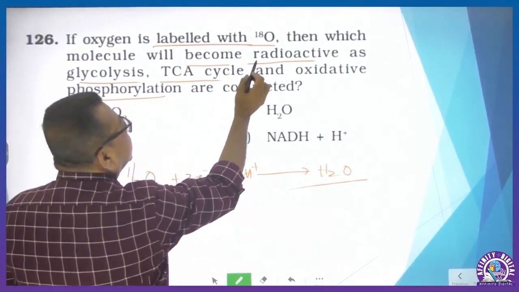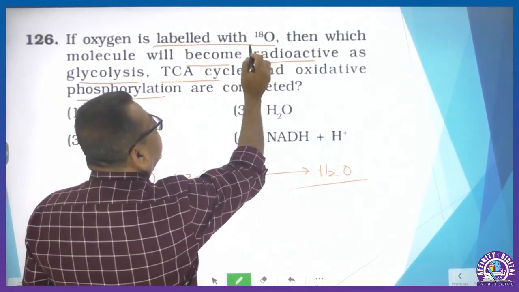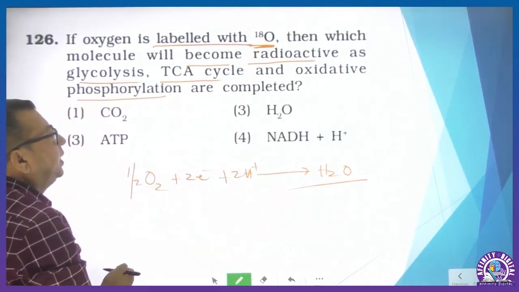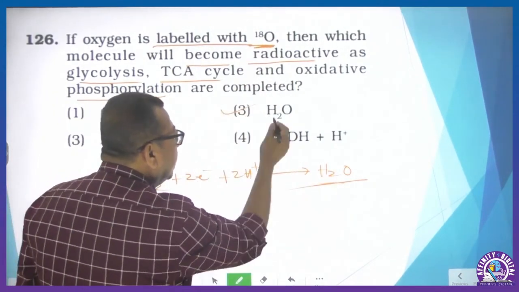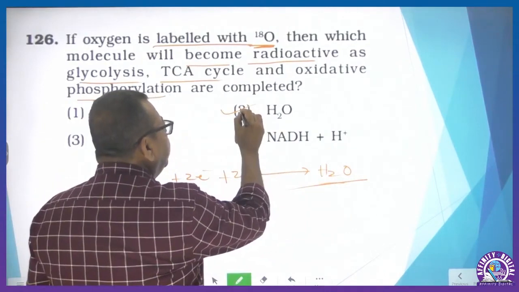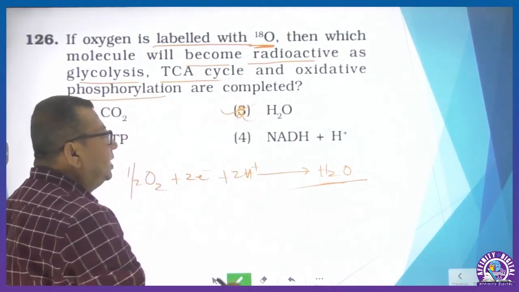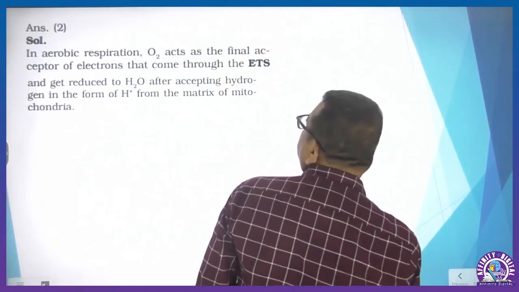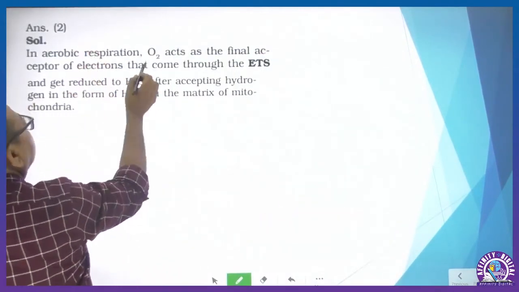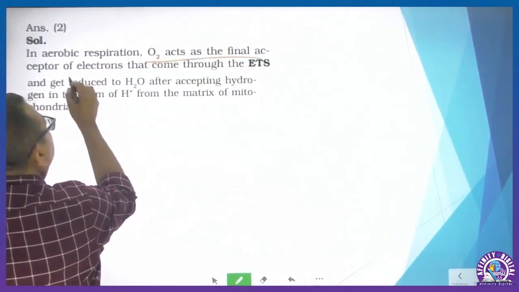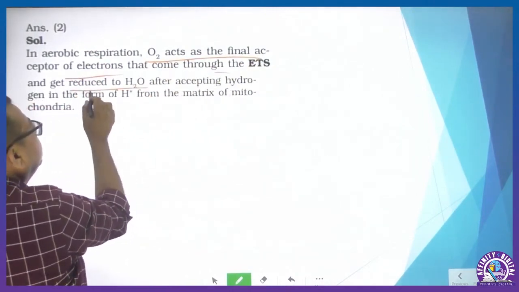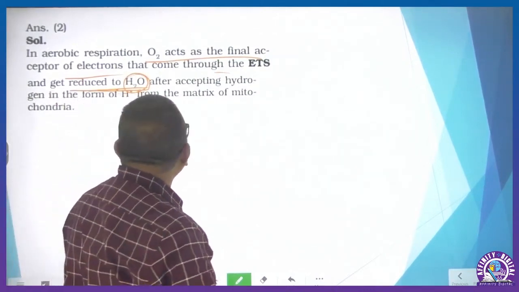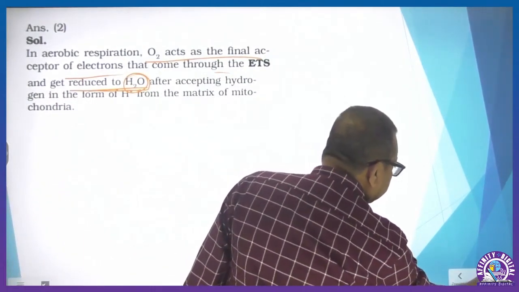So if this oxygen is radioactive O18, then which molecule will be radioactive? Water. So this should be option number 2, okay?